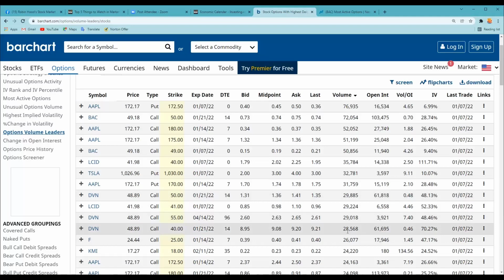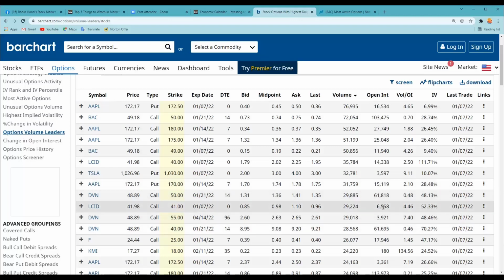So sometimes we have to be aware of the volume and open interest, because if the open interest is pretty high and the volume is lower than the open interest, this could be selling activity. People could be dumping this, maybe getting into something else. Maybe they are dumping the 40, going with the 50. And so we just have to be aware of that.